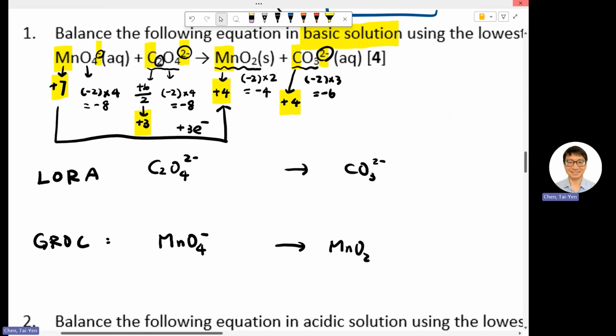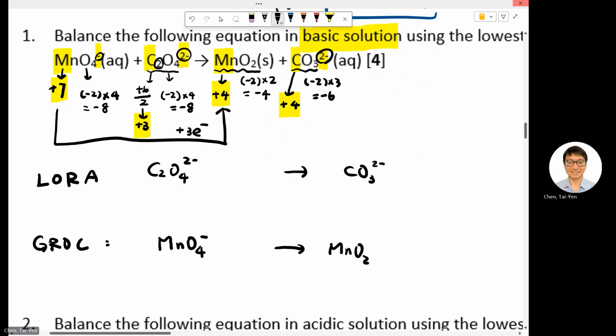But before we do that, you want to make sure that the non-hydrogen and non-oxygen atoms are balanced first. Okay, so we need to do that. In order to do that, we multiply by 2 to get it done first.